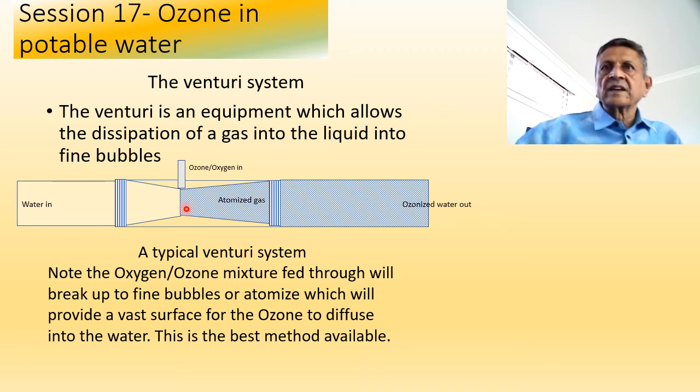So in the online systems, the concentration of ozone must be high so that the total amount of ozone used for the whole water supply will have sufficient ozone quantity to be able to ensure total sanitation.